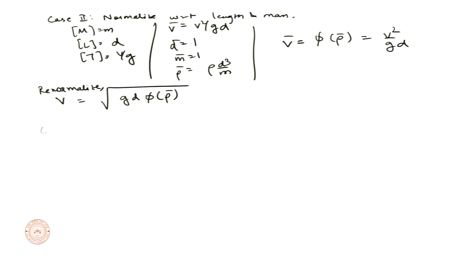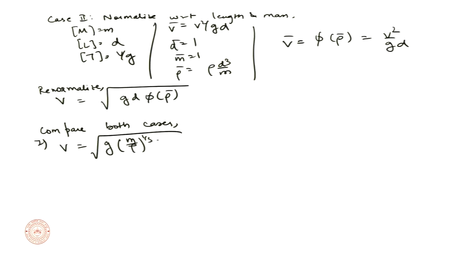Okay. So, if we compare both cases, the first case, case 1, we had v equal to square root of G m by rho to the power of 1 by 3 phi of d bar, and for case 2 we had velocity equal to square root of G d phi of rho bar. Okay, these two are different bases.